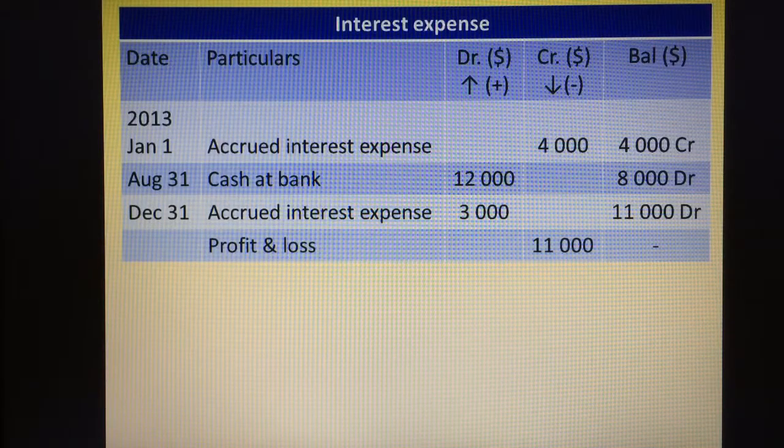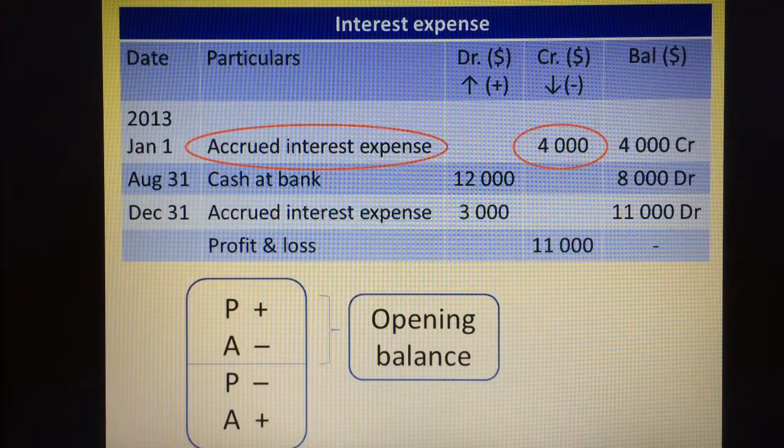Therefore, the interest expense for 2013 will look like this. The opening balance on 1st January 2013 is $4,000 accrued interest expense brought forward from 2012. According to the Papa shortcut, the $4,000 will appear in the minus column.